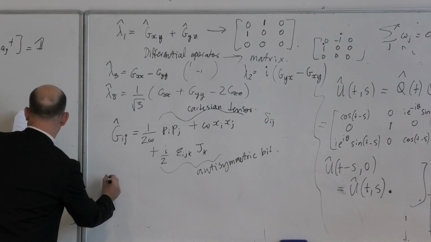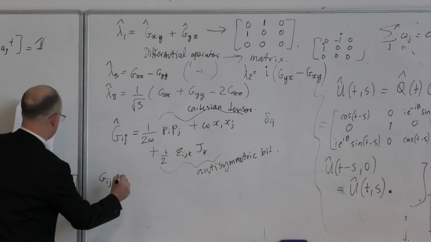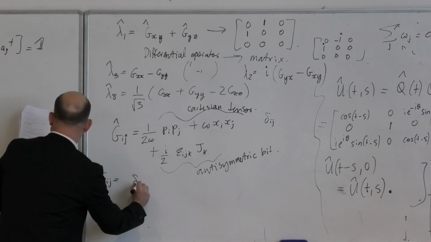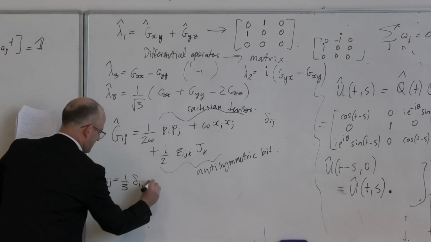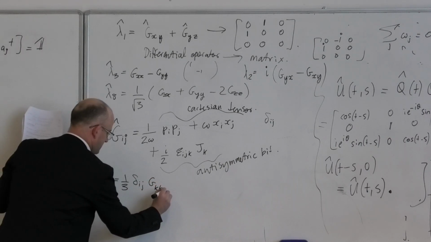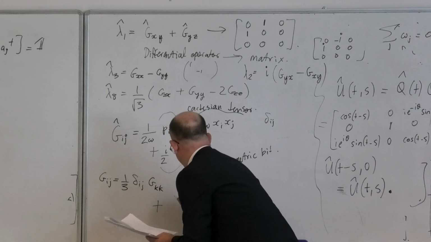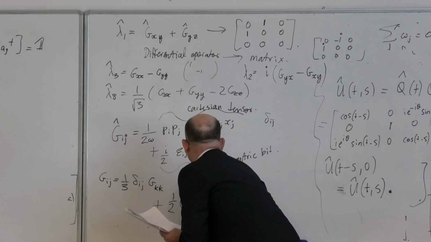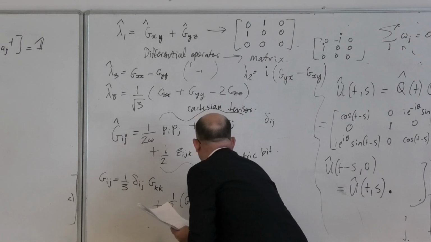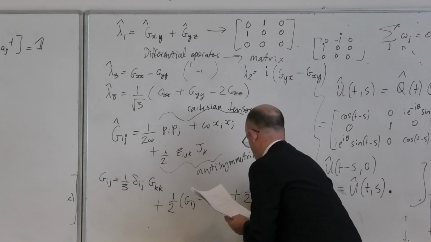So let me cut off. Alright, so in this case, you can write it as delta J GKK plus GIJ minus GJI plus 1.